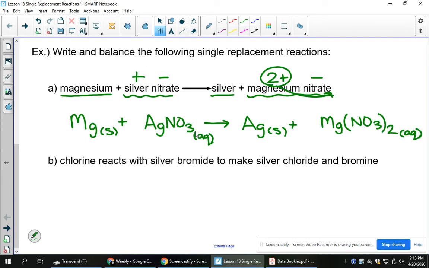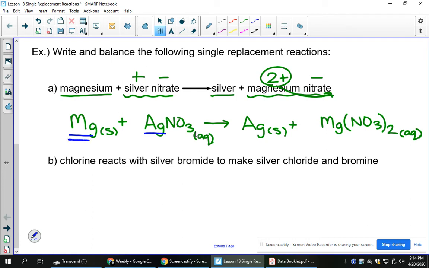All right, what we've done so far is written the skeletal equation. We've got all of the ionic compounds and elements written properly, charges are balanced, and states are included. Now, I want to show you how this is single replacement. Before we balance it, I'm going to do some drawing on here to show you what's happened. If you look on this side, we've got 2 metals here.